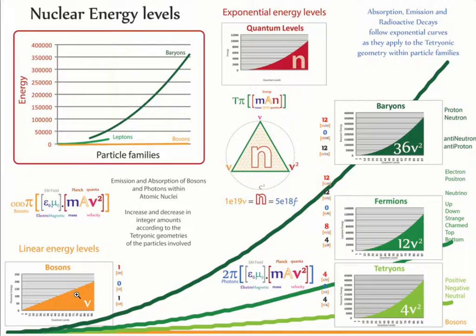Again, just looking at the plots of these energy levels, obviously in the case of bosons and photons, it's a linear plot. Again, it's determined by the geometry. They're all odd pi in the case of bosons, but obviously a 79 quanta boson will have more energy than a 3 quanta boson.